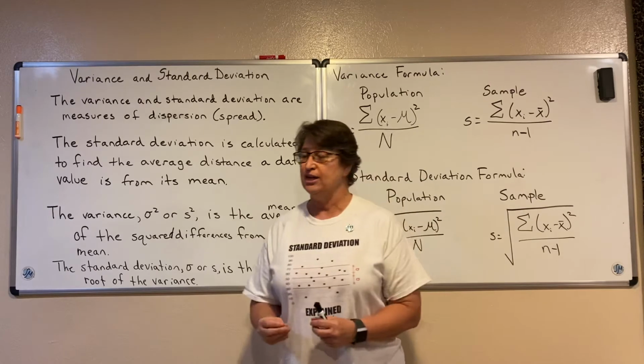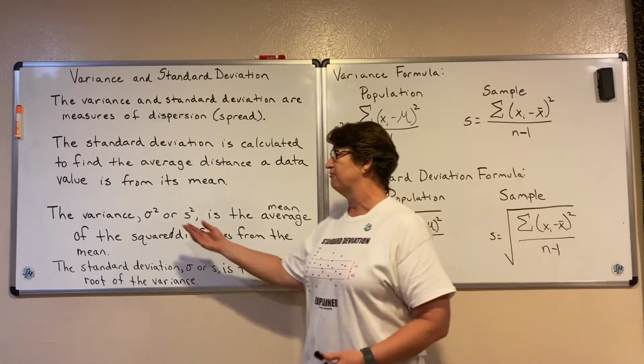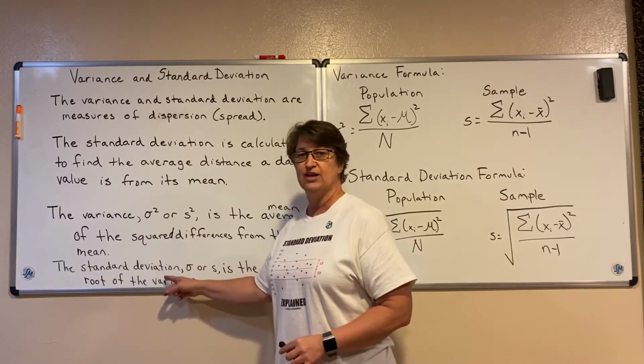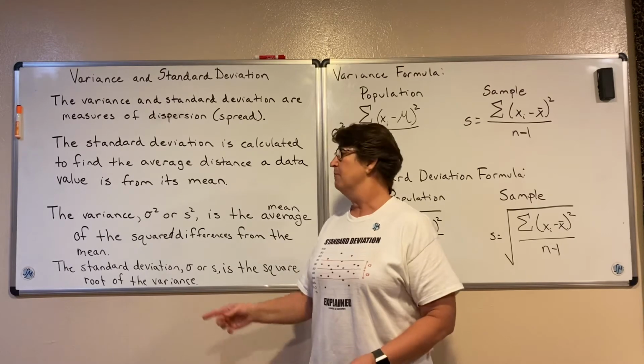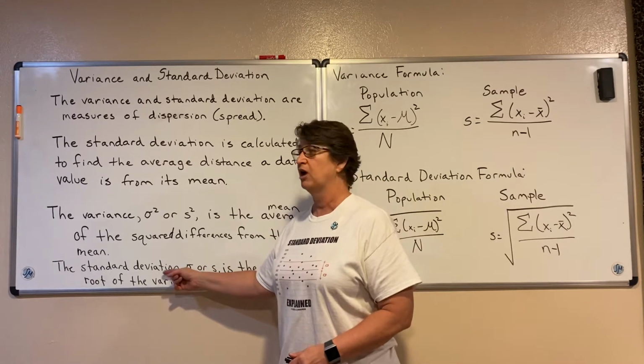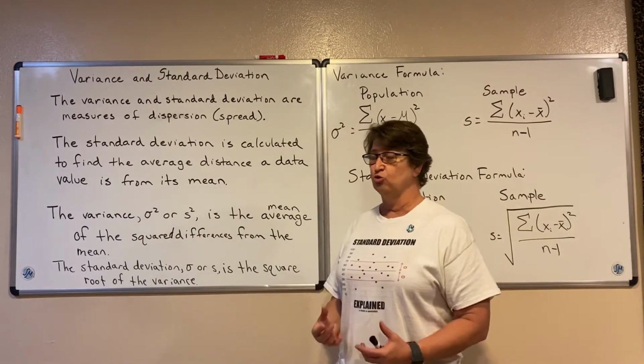So the variance and the standard deviation are related, and in fact, the variance we will find on our way to finding the standard deviation every single time, because the standard deviation is just the square root of the variance. Our notation kind of shows that.